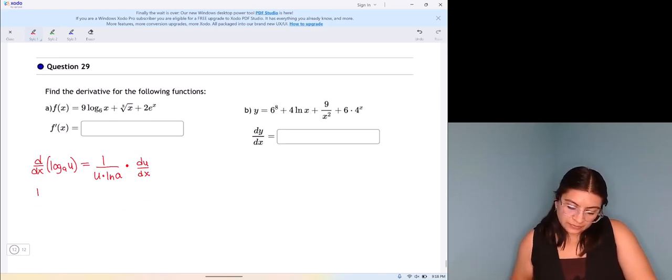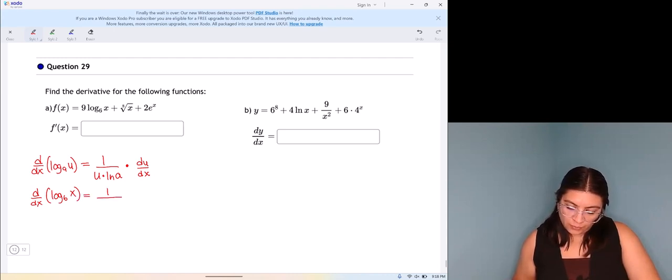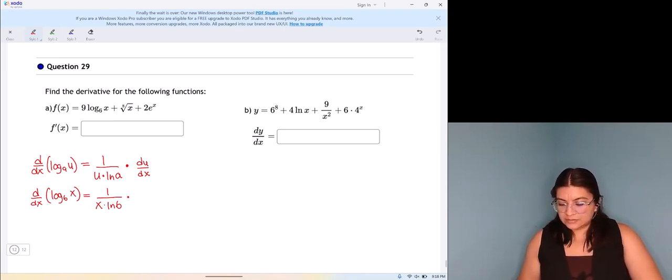So for this one, you have the derivative with respect to x of log base 6 of x. That is equal to 1 over x times ln of 6 times the derivative of the argument. But the argument is just x, so that's just a 1. So that doesn't matter, you can just ignore it.